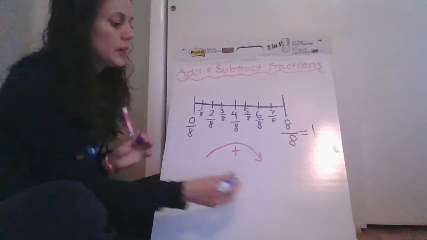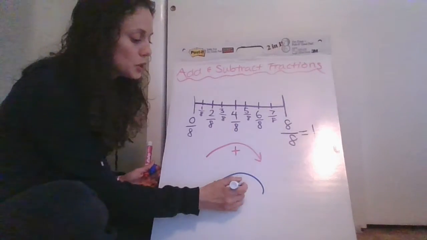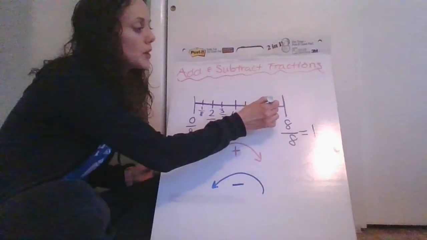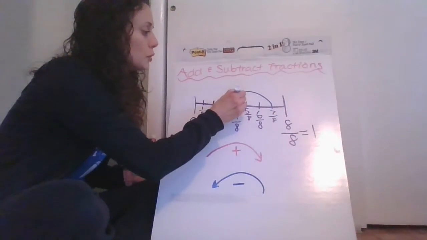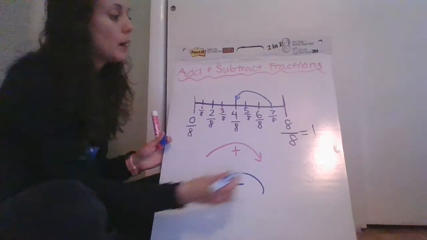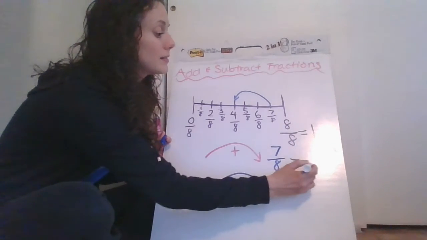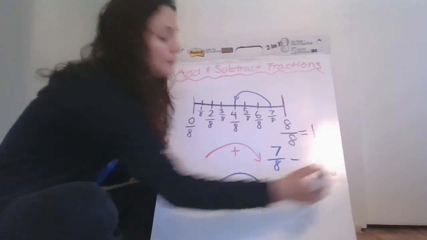Any arrow that is going to the left like that shows subtraction. So if you have an arrow that starts here at the 7/8 and goes to the 4/8, what that's showing you is this problem. It's showing you 7/8 minus something gets you to 4/8.